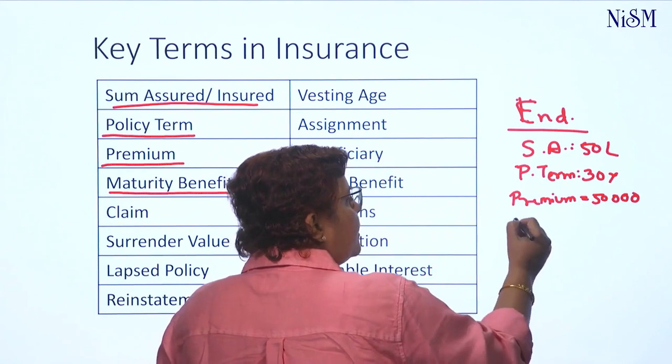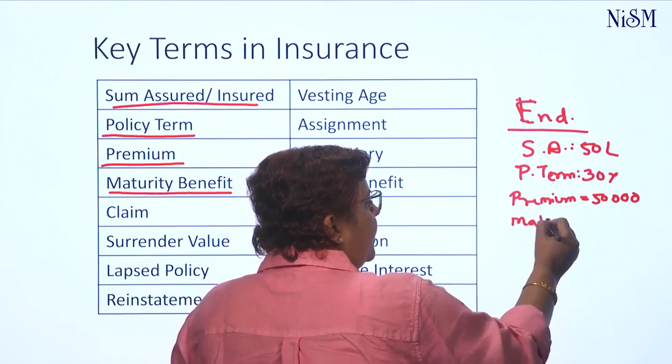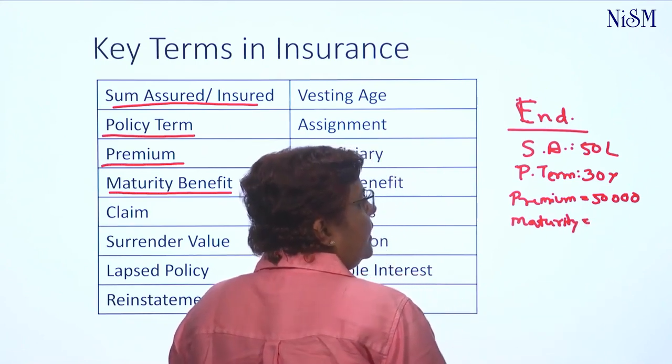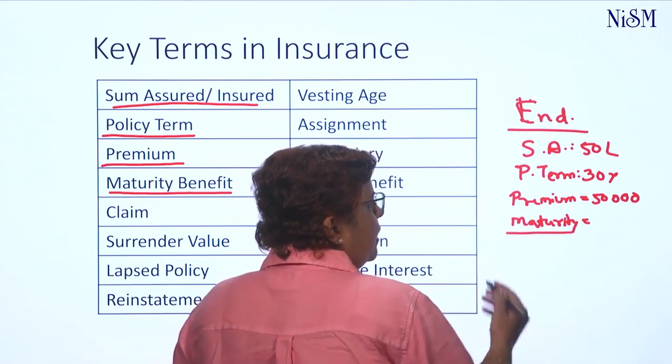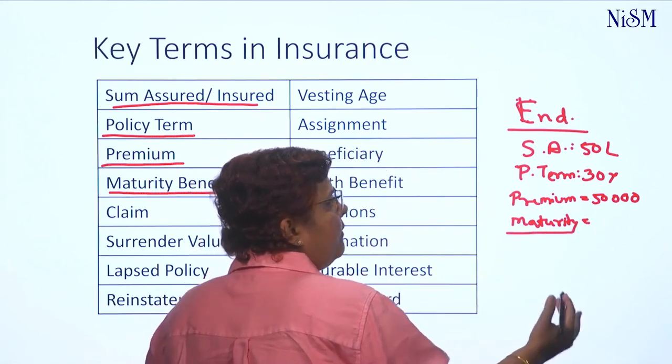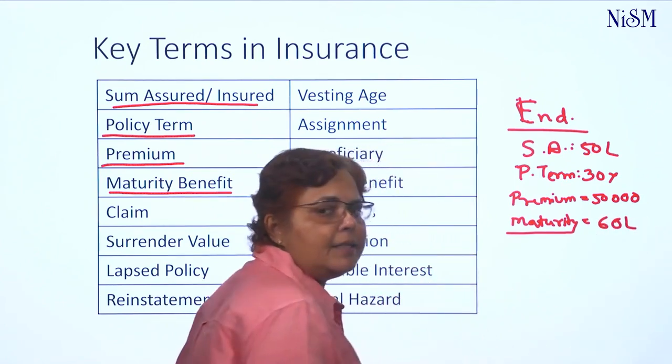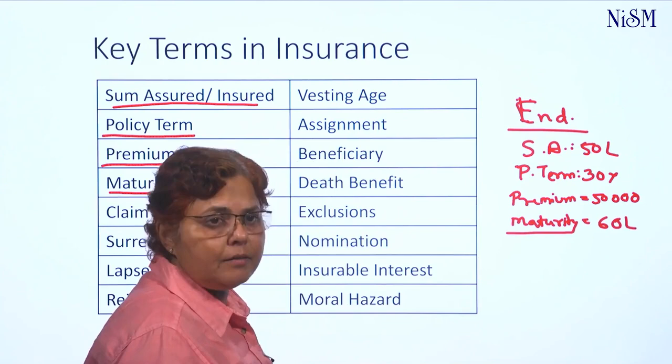After the end of 30 years, that person survives. In that case, the company has told him that I will give you 60 lakhs of rupees. So that will be his maturity benefit.